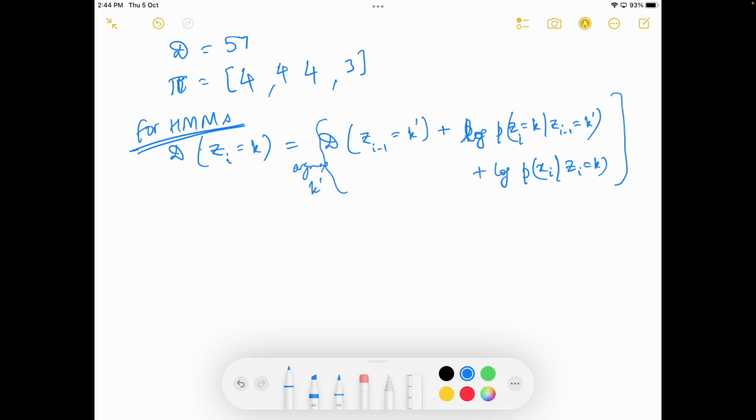This is a recursive formulation for Viterbi decoding for HMMs.